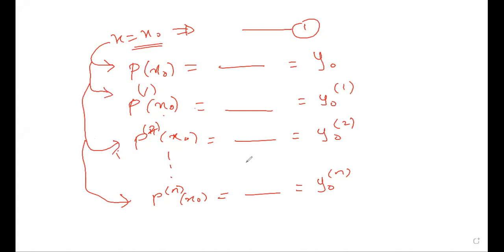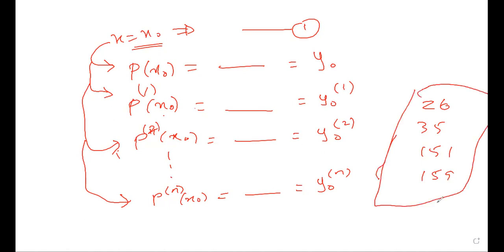Still the people I asked have not answered me. I asked the person 26, and 35, 151, 159 or something. Can these people prove your attendance, or otherwise you will be marked absent, by sending the answers?